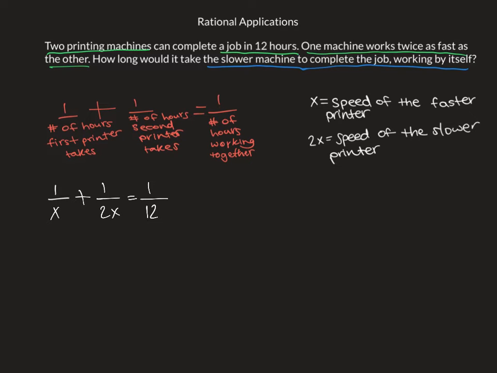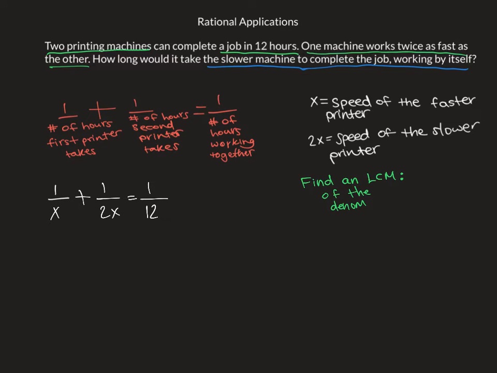Our next step would be to find an LCM of all the denominators. So between x, 2x, and 12, what's the least common multiple?